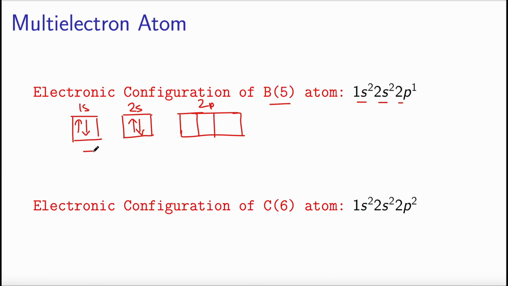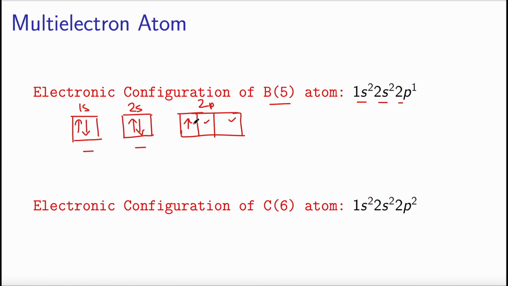In 2p1, we can have only 1 electron, and the other orbitals will be empty. You just put this electron in any one of them.